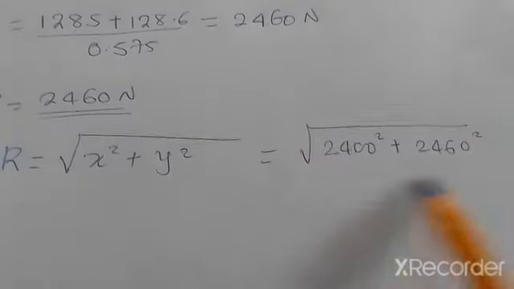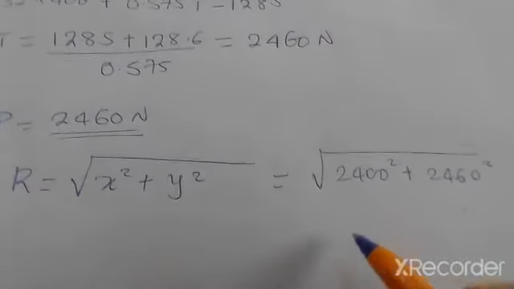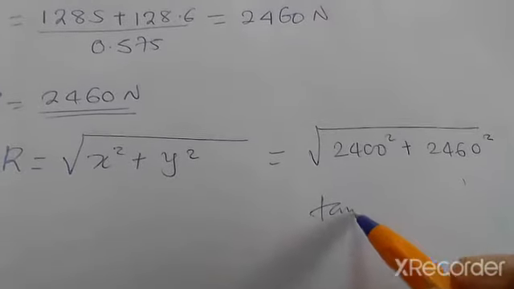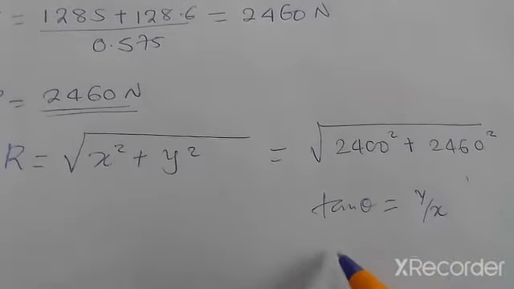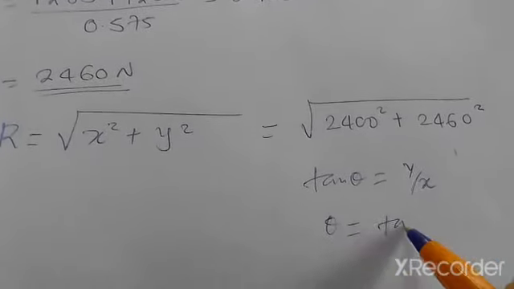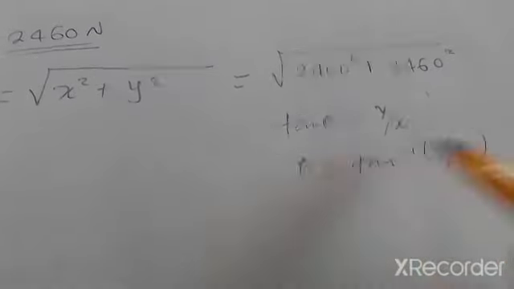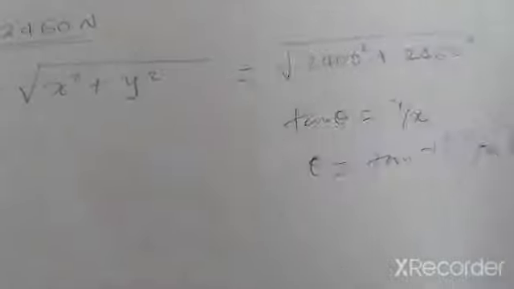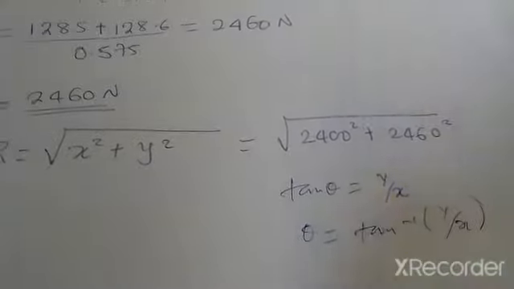So you have the magnitude, and for the direction, you simply have to find the angle, which is obviously going to be tan theta equal to y over x, and then theta will be equal to tan inverse of y over x, and you're going to get the direction of the force in question. That's how you complete the question.